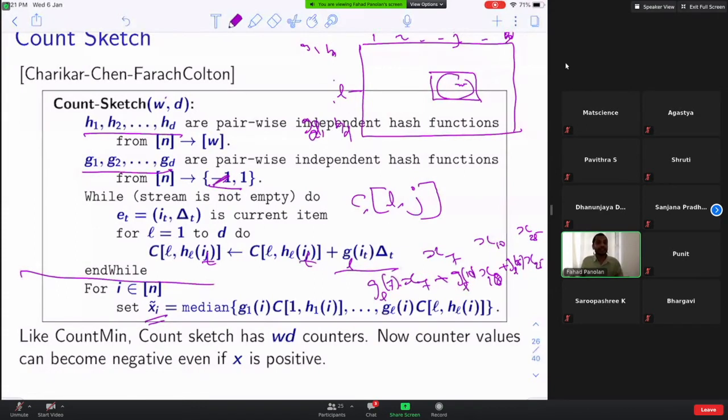Say g_1 of i is -1. Then what you will be storing here is minus x_i plus something. This plus something is a positive or negative quantity. So if you want an estimate of x_i, you need to throw away that minus. How do you throw away that minus? You just multiply with g_1 of i, correct? So what you do is the median of these numbers.